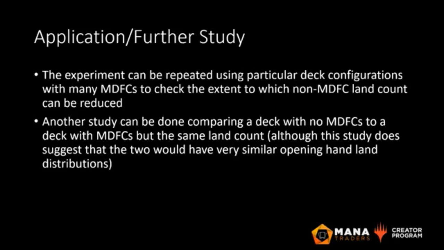There will still be a strong preference to opening hands that have exactly 2 lands. But of course, the further away you move from the configuration that was used for the experiment, the less likely you will get the same results. So in that case, you will want to replicate the experiment yourself and see for yourself what's happening to the distributions if you want to gain insight for that specific deck.